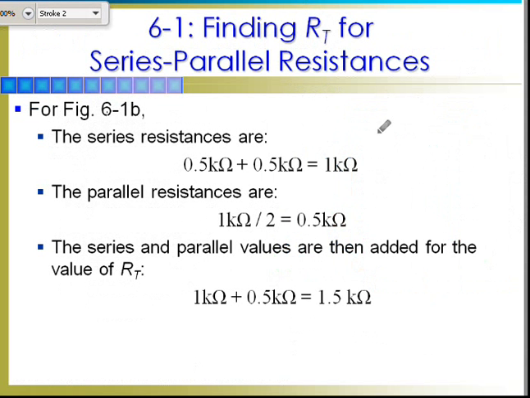All right, now once again, this is the Chapter 6 PowerPoint, so you can see we're going through each stage that we just went through, coming up with the total resistance.